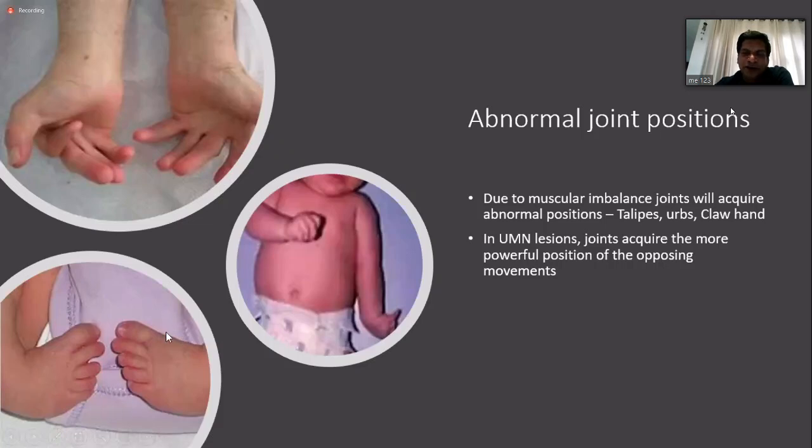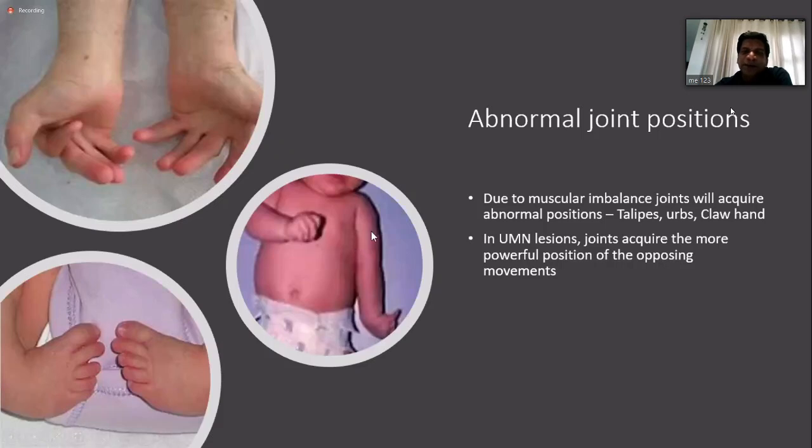The club foot or talipes, right? This is due to muscular imbalance, because there's a spinal injury with damage to the spinal cord controlling the lower limbs. So, with unopposed action of the other group, the joint will acquire the abnormal position, right?